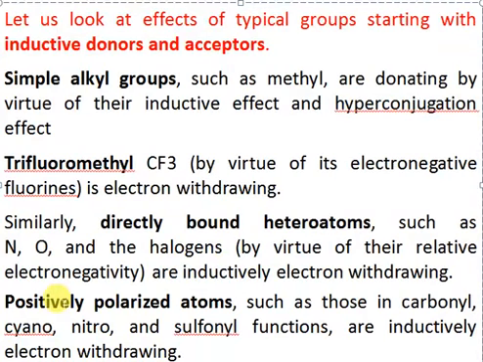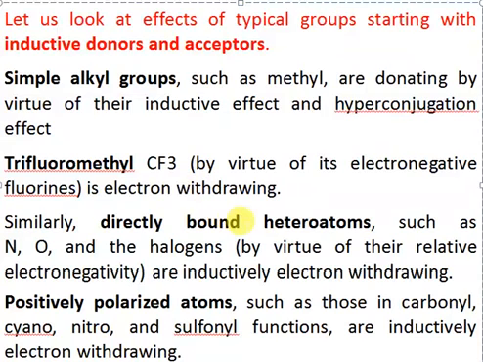Furthermore, if you have positively polarized atoms such as in carbonyl, cyano, nitro, and sulfonyl groups, such groups are also electron withdrawing with respect to inductive effect. So in summary, inductively donating groups are alkyl groups, because they donate by inductive effect as well as hyperconjugation, whereas the trifluoromethyl group withdraws because of the 3 fluorines attached.